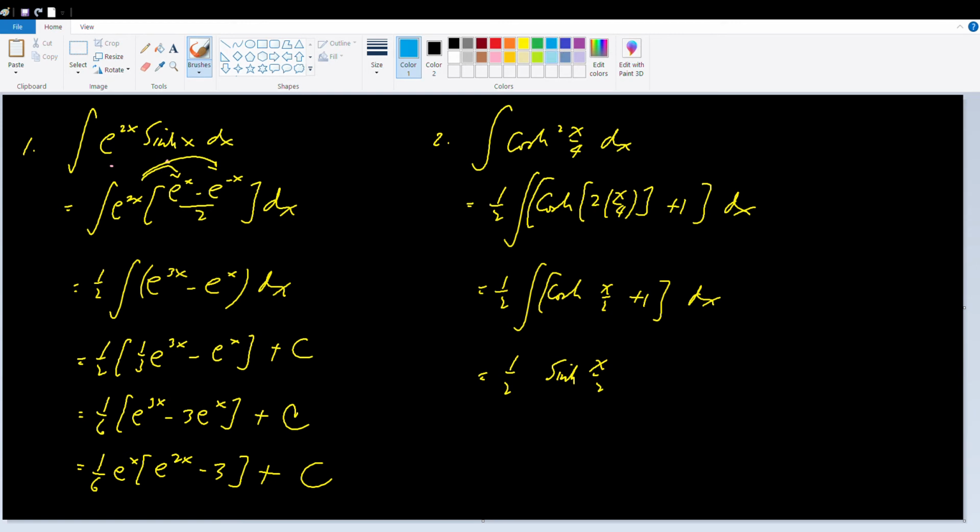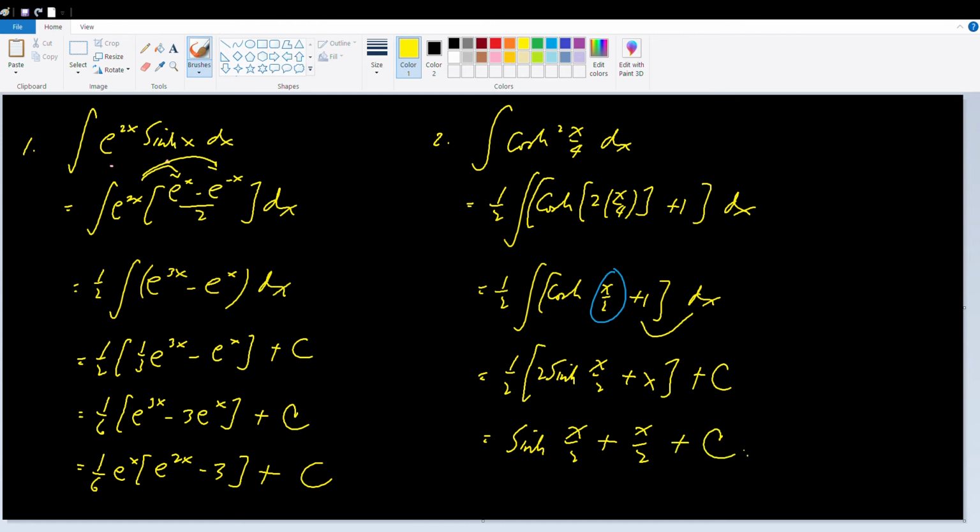But take note, your u here is x over 2, and the derivative is 1/2, so you have to multiply it by 2. Plus, the integral of dx is x plus c. We can distribute 1/2 inside, so 1/2 times 2 is 1. Hyperbolic sine of x over 2 plus 1/2 times x, or x over 2, plus c.